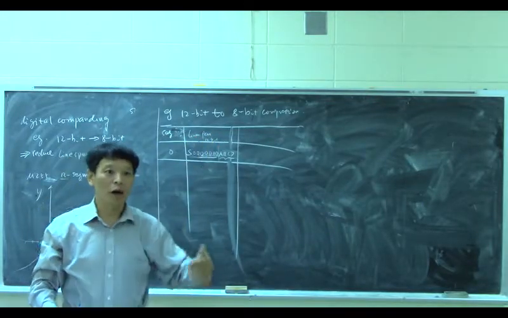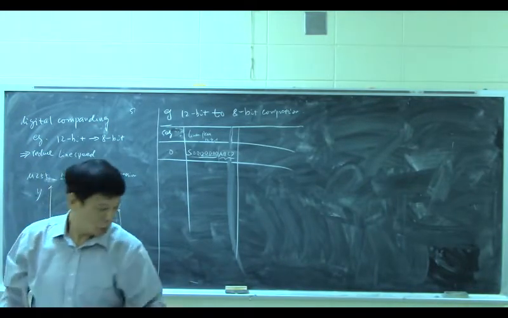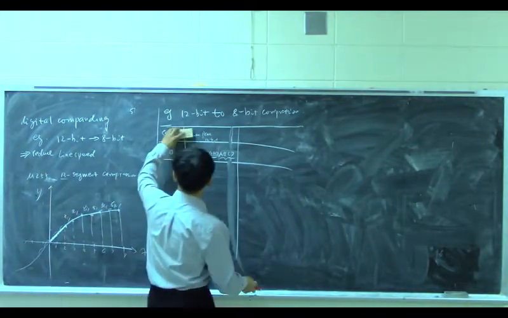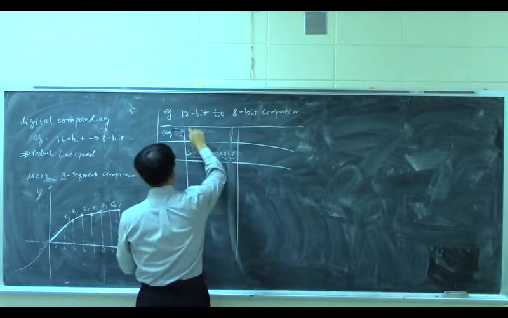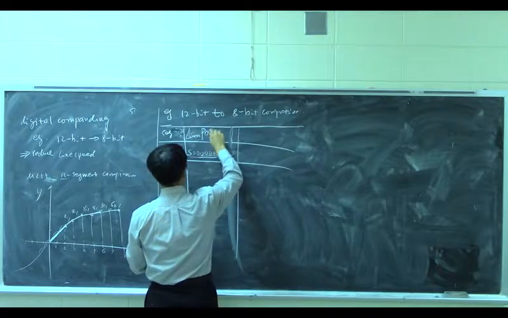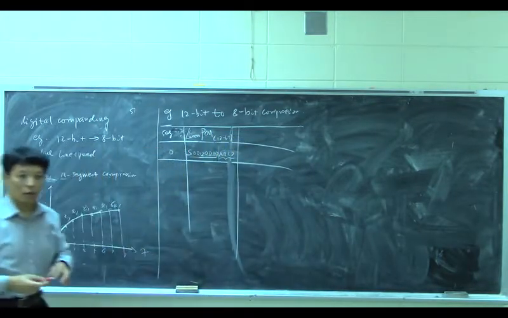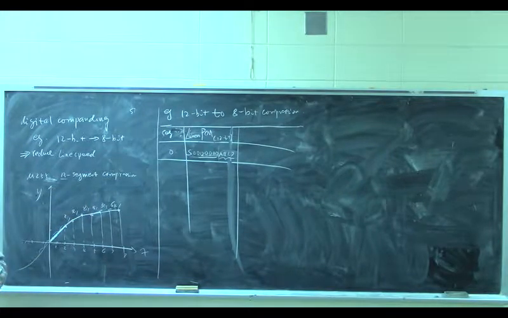We want to compress. That means this is the X, the input. Let me write this. Linear, that is 12-bit in this example.